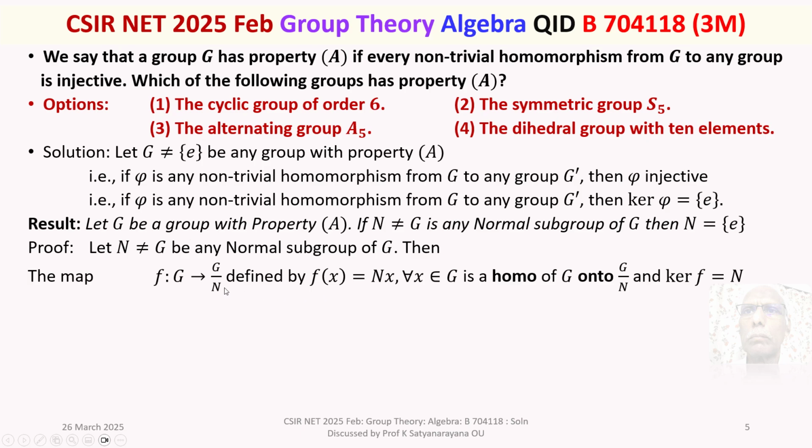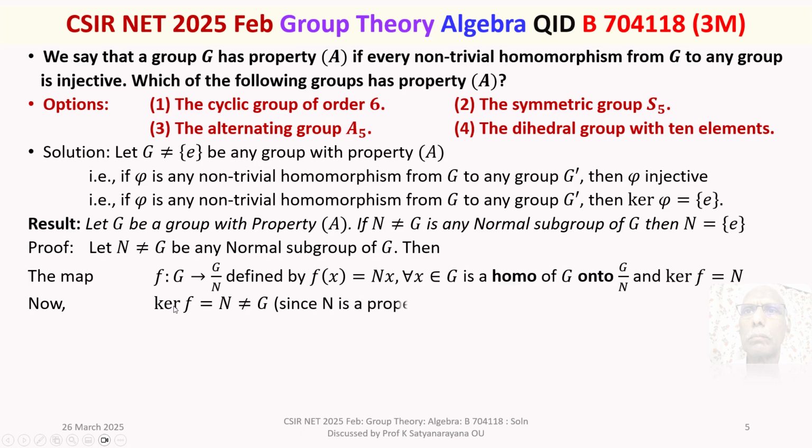Then this function f is a homomorphism and is also an onto homomorphism, and the kernel of f is N. This is well known to us.